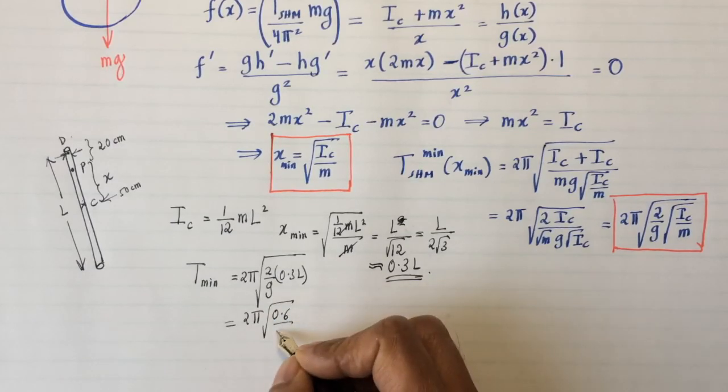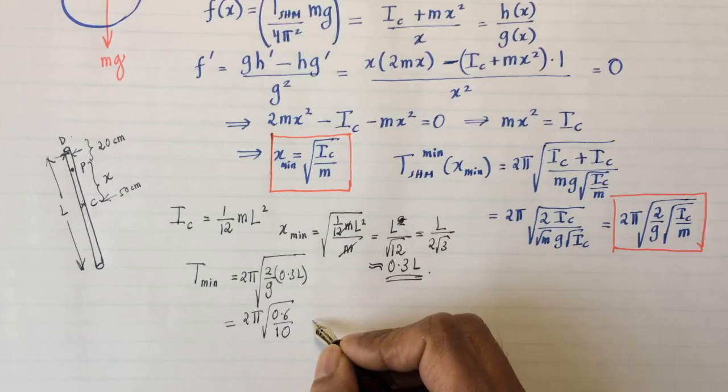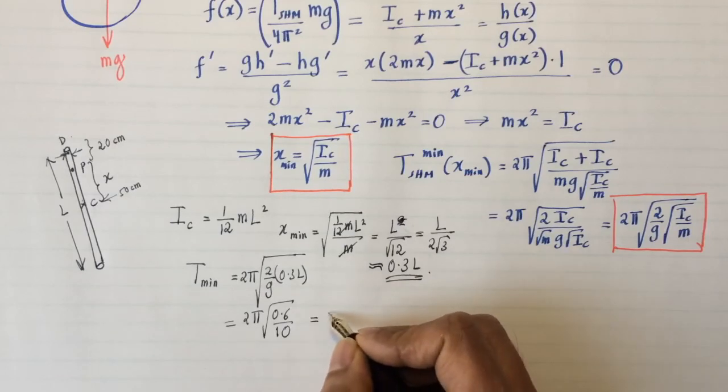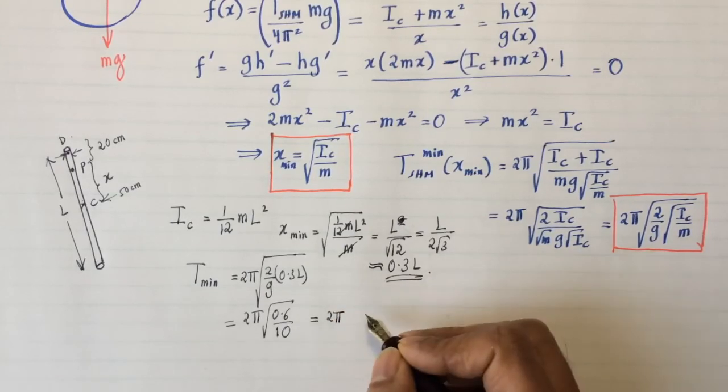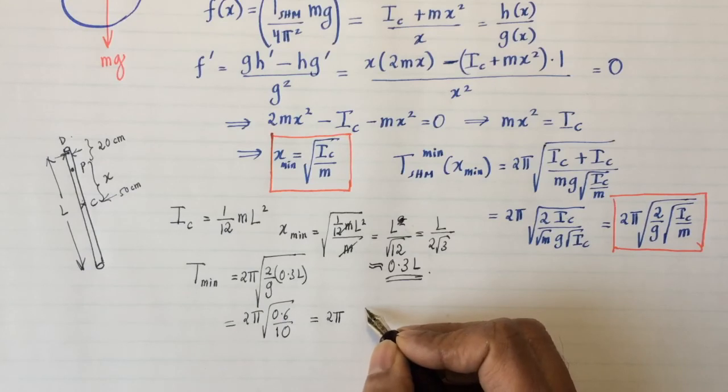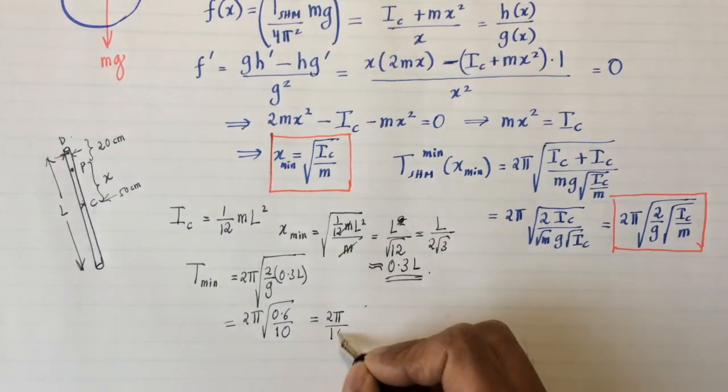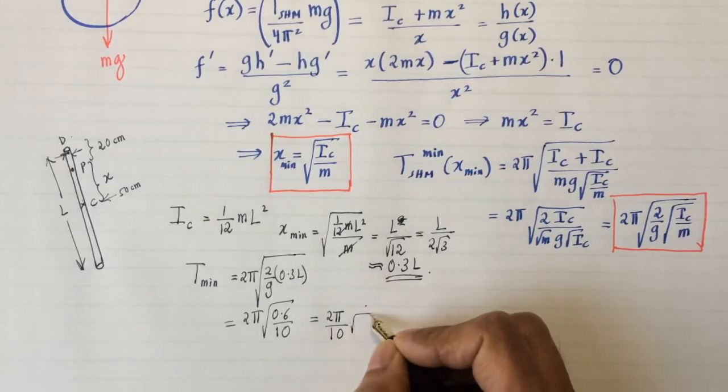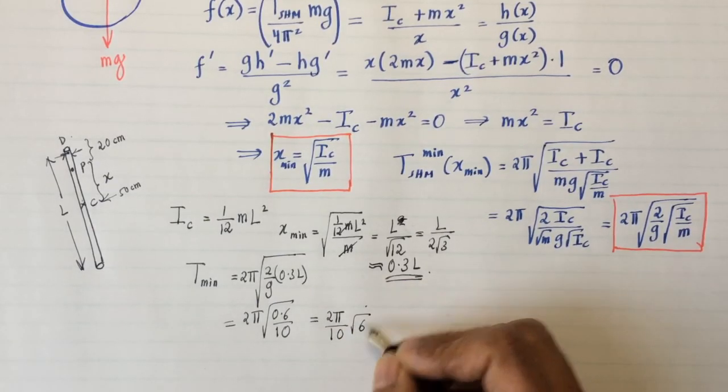Denominator, you have the acceleration due to gravity, which is approximately 10 meters per second squared. So that's going to be 2 pi. Now what I can do here is write this as 6 over 100. So that's going to be 2 pi over 10 times the square root of 6. So it's what it is. It's something like that, seconds.